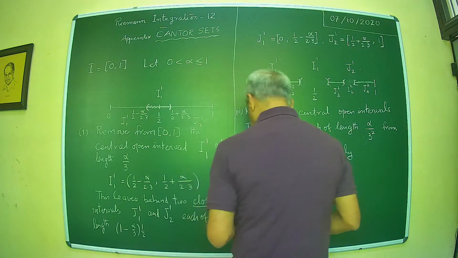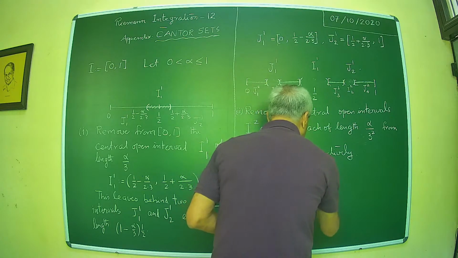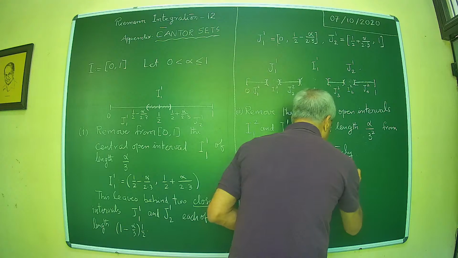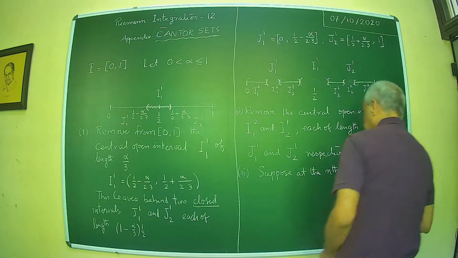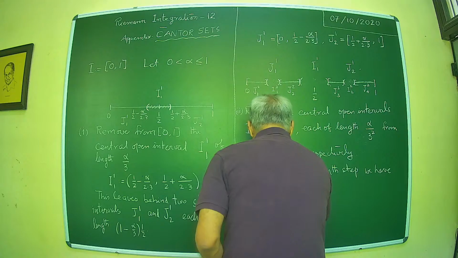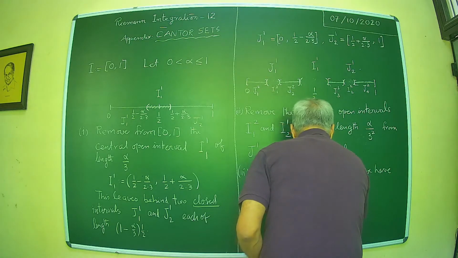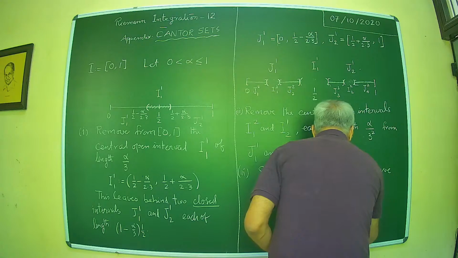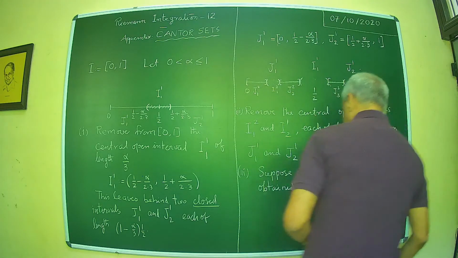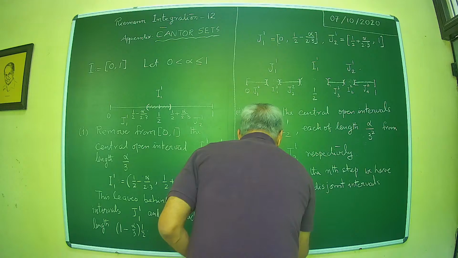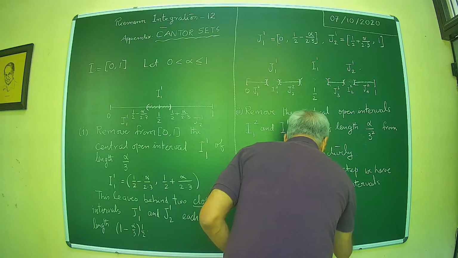Suppose at the nth step we have obtained 2 to the power n intervals Jn1, Jn2, up to Jn 2 to the power n.